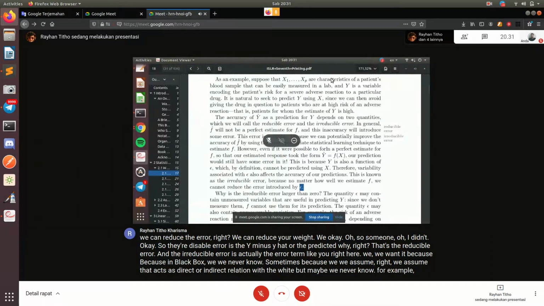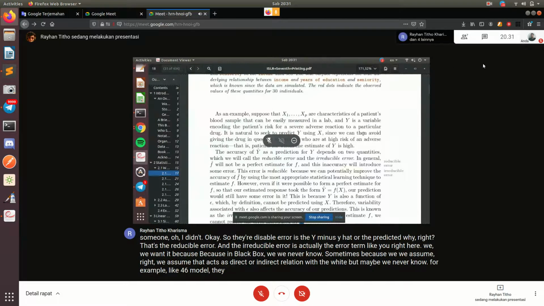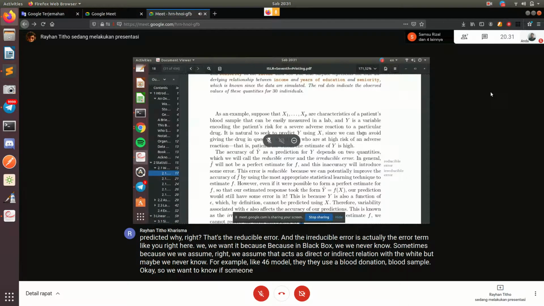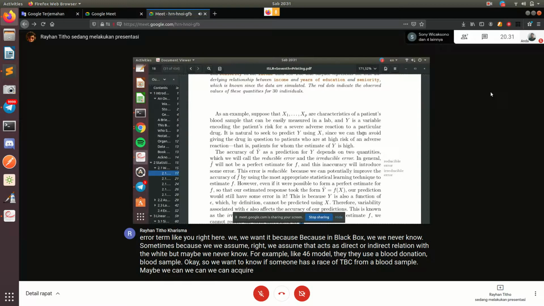For example, for the 6 months they use blood donation, blood samples. We want to know if someone has a risk of TBC from a blood sample. Maybe we can acquire SpO2 or the red cells or the white cells and so on.